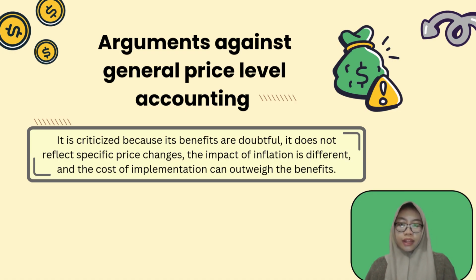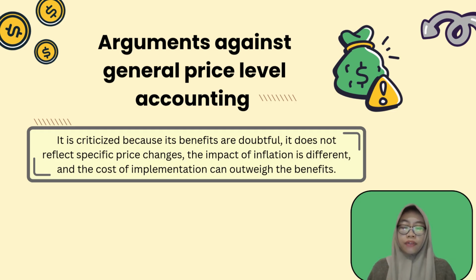Arguments against general price level accounting. Arguments against general price level accounting include concern about its limited usefulness. Many studies show that the link between general price level information and decision making is weak or not widely accepted.